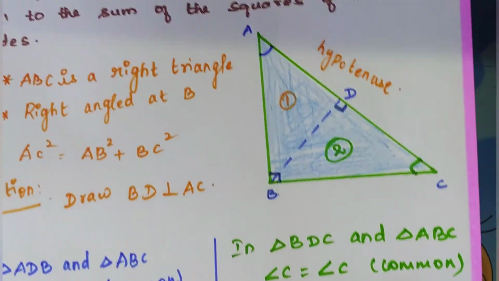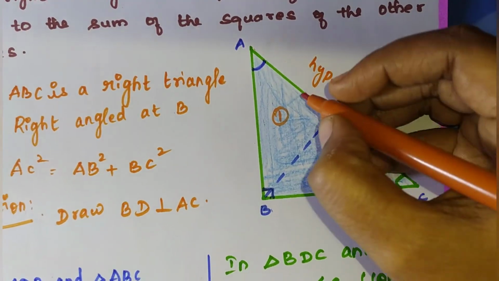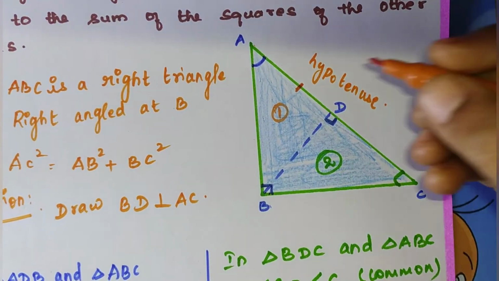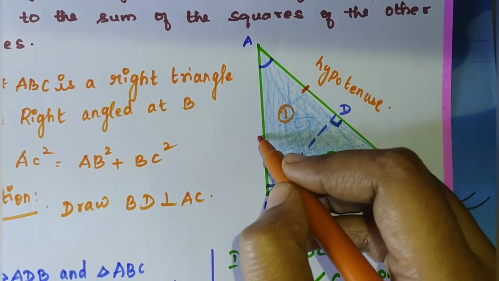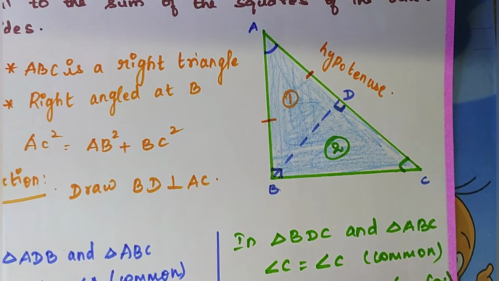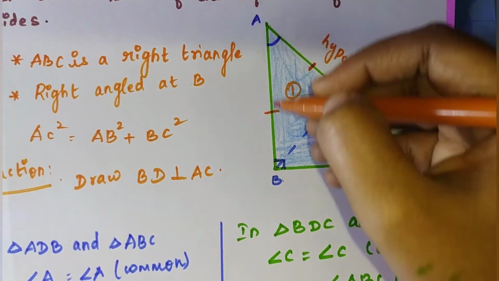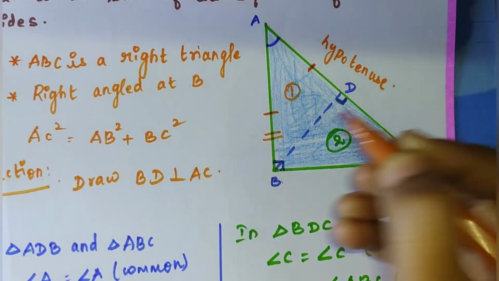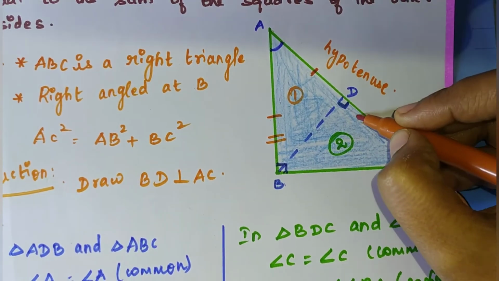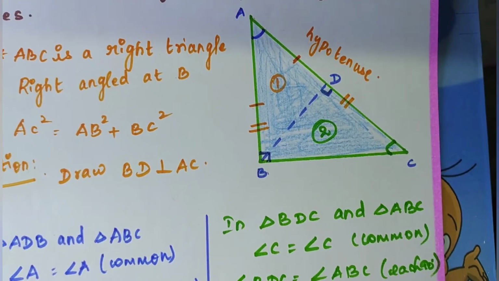That is nothing but AD is proportional to the side AB, and then AB is proportional to the side, the full side AC. Clear?